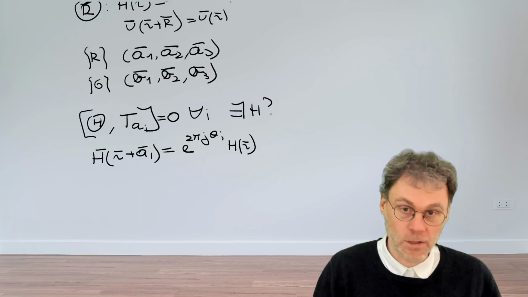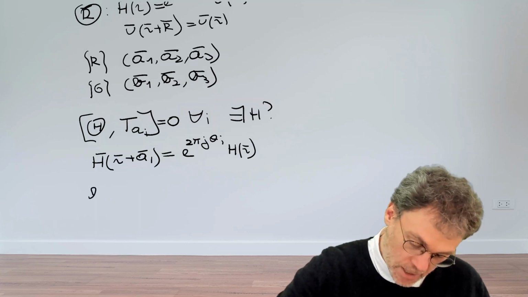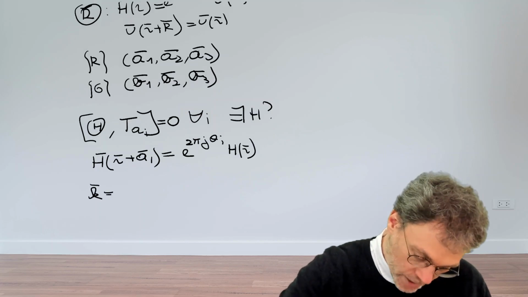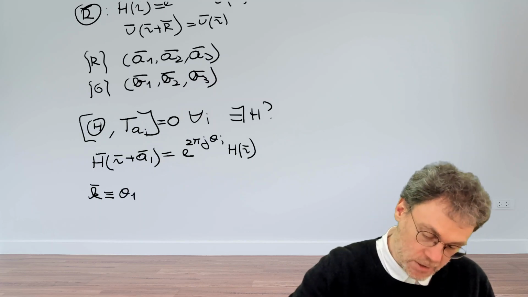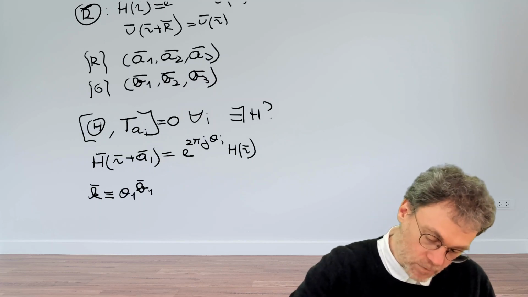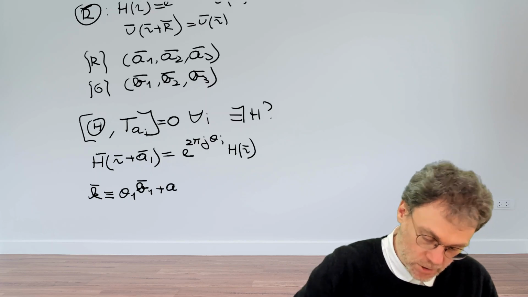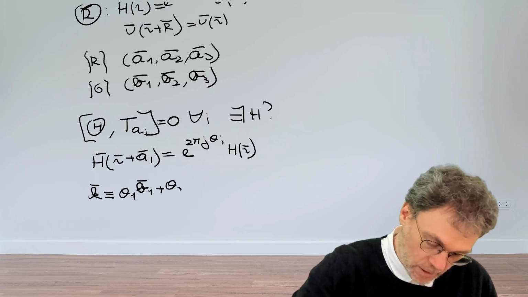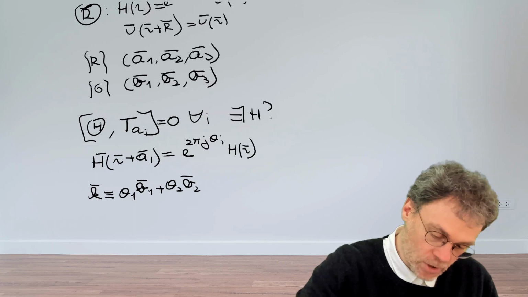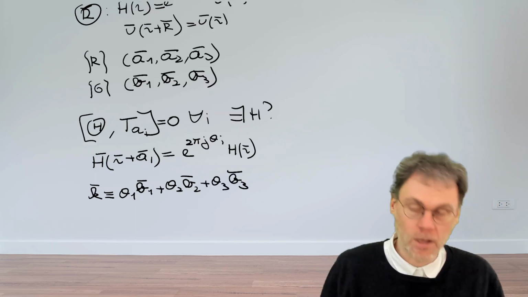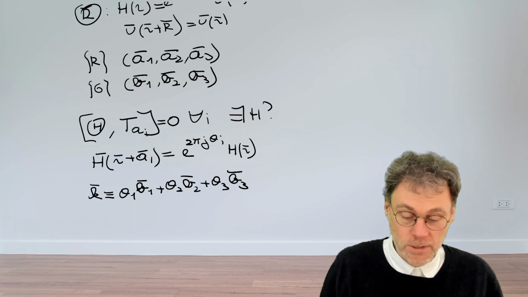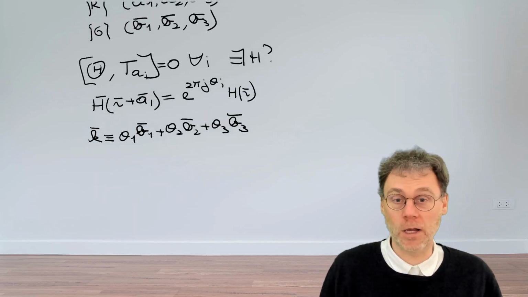Now, just for fun, let's construct a k-vector, which is defined as the following linear combination: theta 1 times b1 plus theta 2 b2 plus theta 3 b3. There's nothing that forbids me to define a certain k-vector like this.